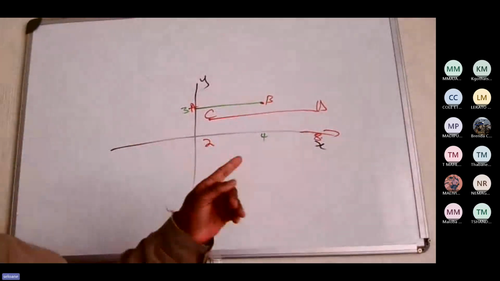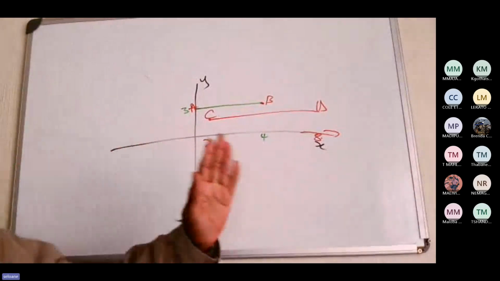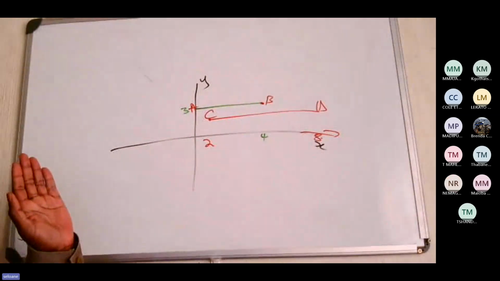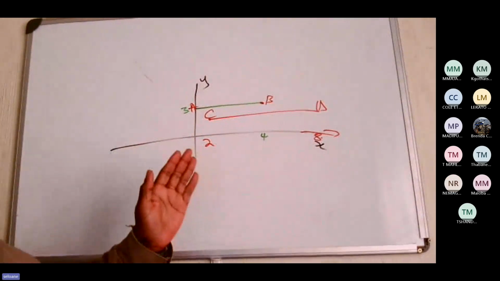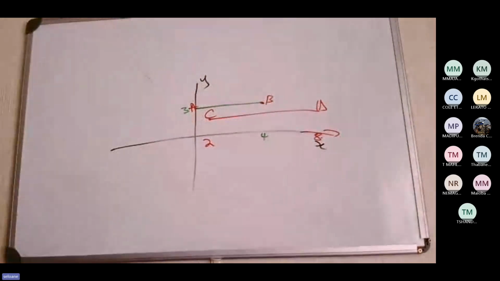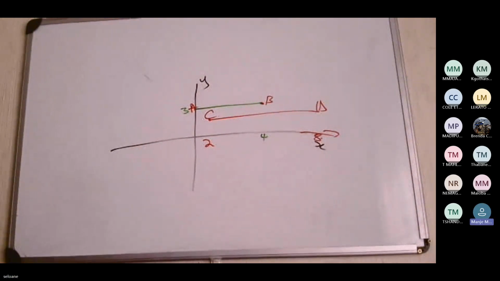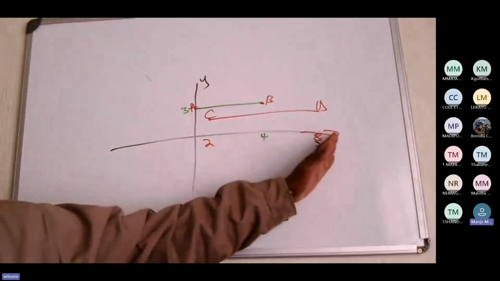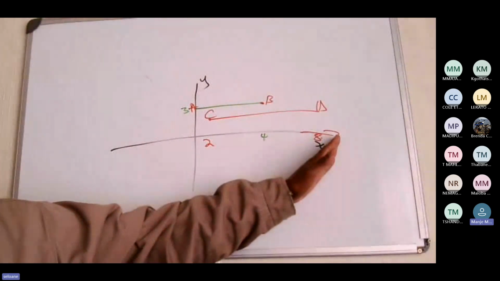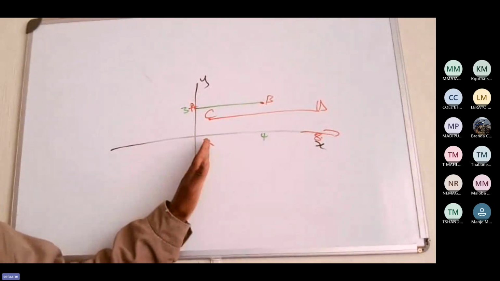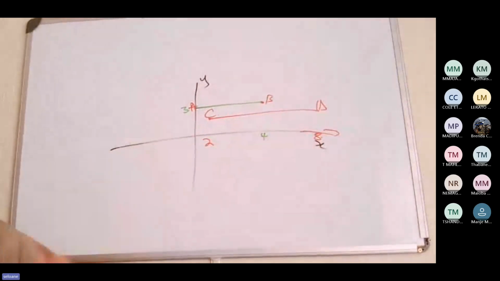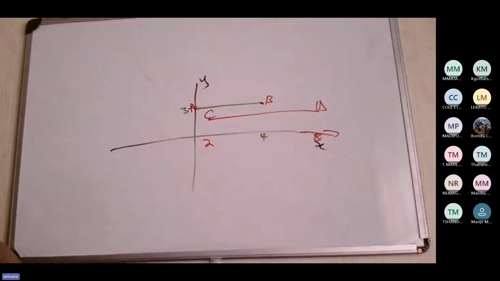But because it's a horizontal line, or because it's a straight line, we are going to call it a line segment. What is the length of line segment CD? It's very simple. It will be x on the right, which is 8, minus x on the left, which is 2. Therefore, it will be 8 minus 2, which is 6.